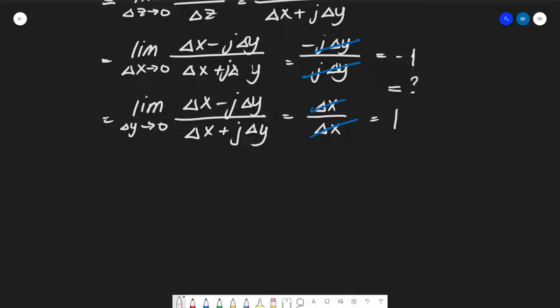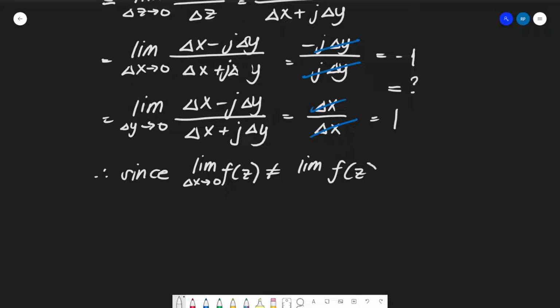Obviously not. Since the limit of the function as delta x approaches 0 is not equal to the limit of the same function as delta y approaches 0, therefore it is not differentiable.